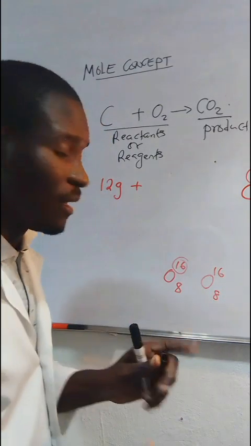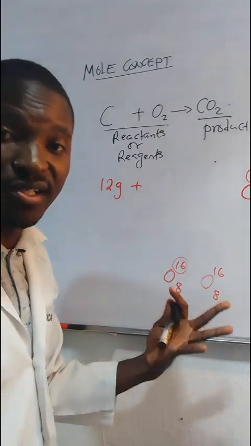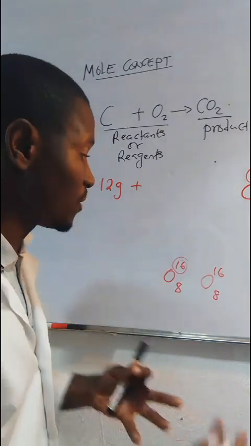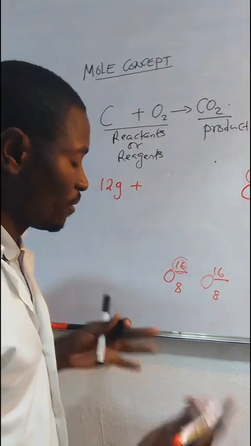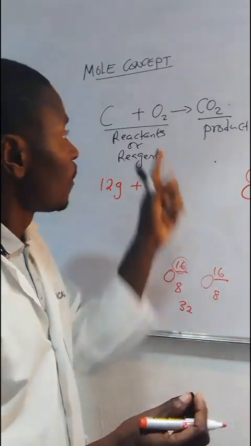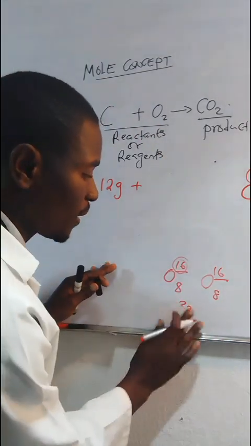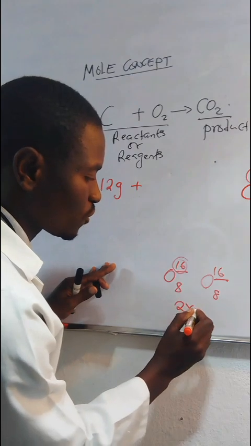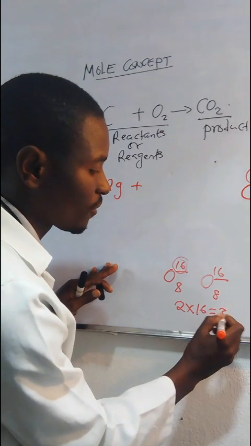The theoretical mass of this oxygen that was involved in the chemical reaction is 16 plus 16, so I'm going to have 32. Or you can say we have 2 atoms of oxygen, so we can have 2 multiplied by 16, and we are going to have 32.